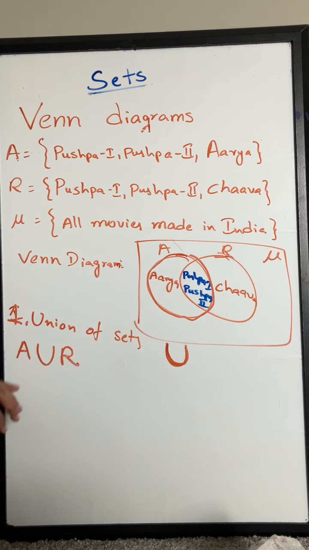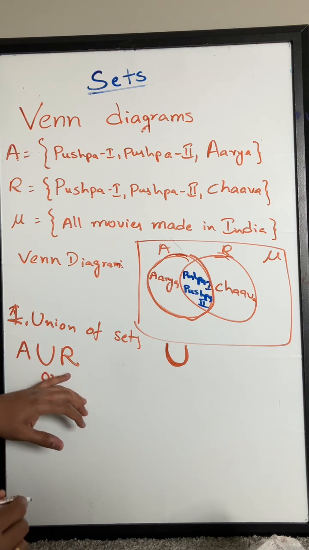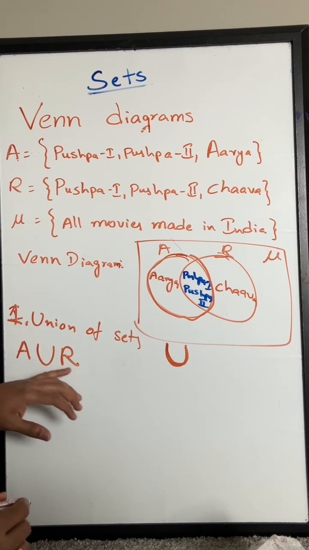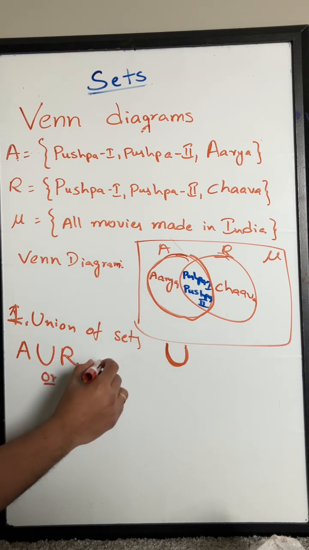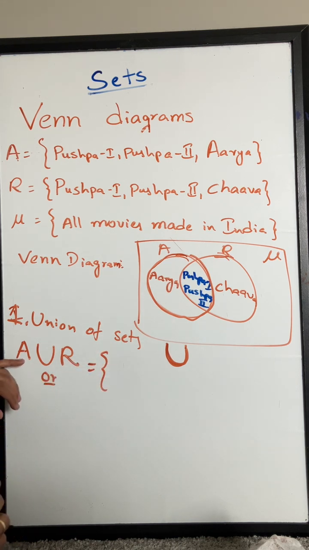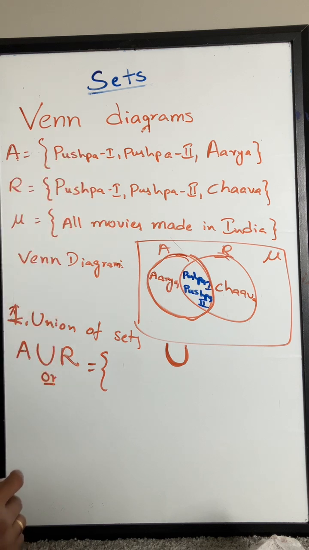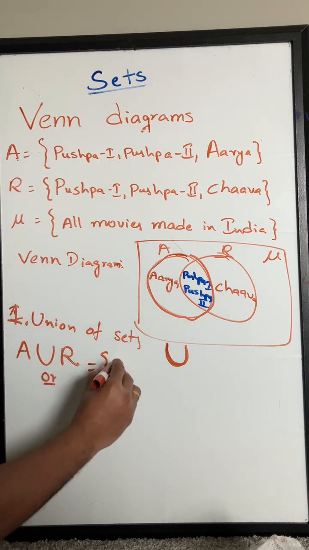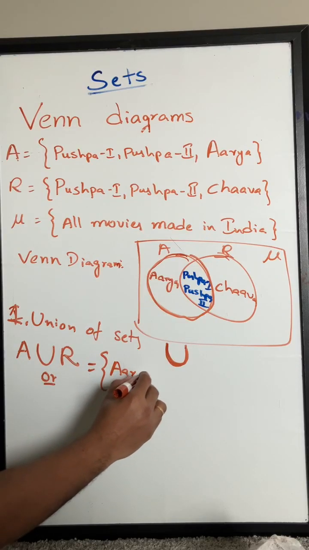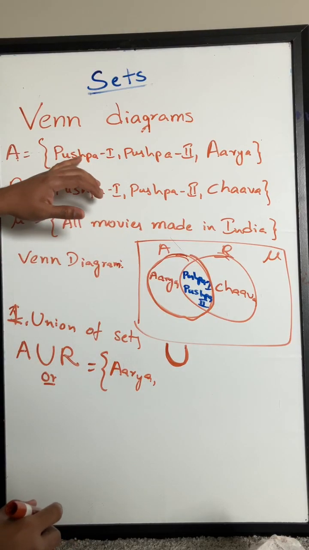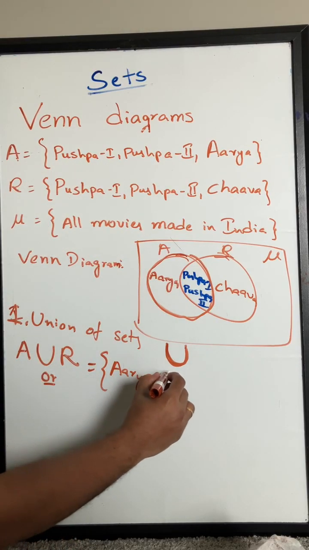So that means any movie acted by Allu Arjun or Rashmika, R, that is called A union R. Either Allu Arjun should be there or Rashmika should be there. So what are those movies? It would be Arya. You have to join all the movies of Arya and Rashmika.